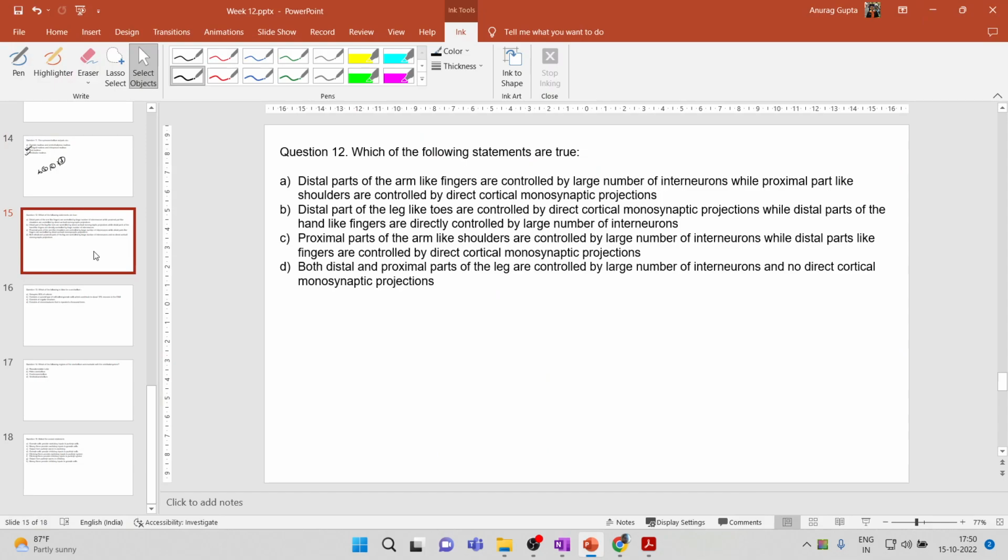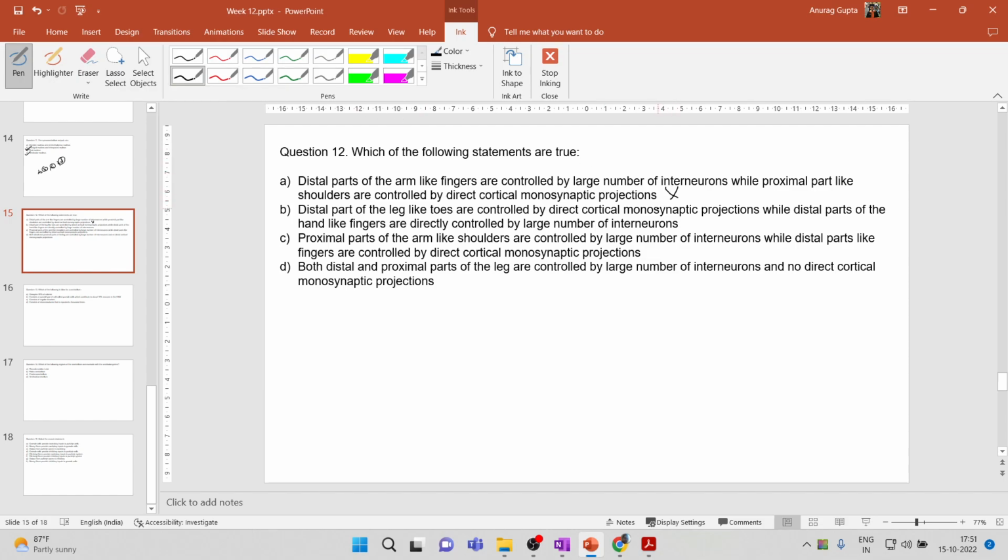Okay, going on to the next question. Which of the following statements are true? Let me just quickly go through the options. The distal parts of the arm, like fingers, are controlled by large number of interneurons, while the proximal parts, like shoulders, are controlled by the direct cortical monosynaptic projections. This is false.